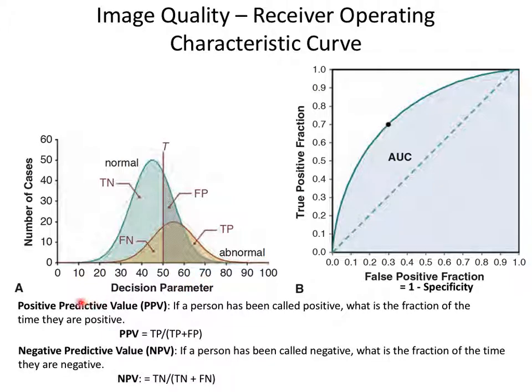So the positive predictive value, remember we did the example, is the number of true positives in the room divided by the whole number of people that got positive. So we put everybody in a room that got called positive, and we figure out who's true positive. That fraction is the positive predictive value. Okay? And so that is often used.